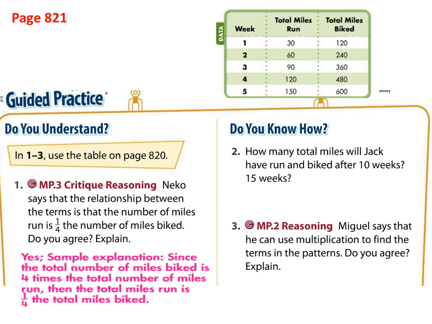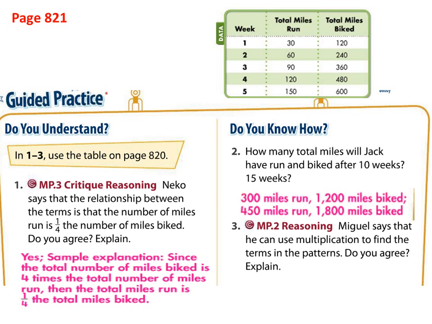And after 15 weeks? The first part, after 10 weeks, we must multiply 30 times 10 because he ran 30 miles each week. So 30 times 10 is 300 and the total miles biked is 120 times 10, which is 1,200 miles biked.